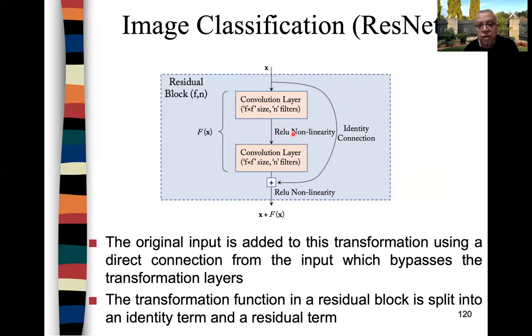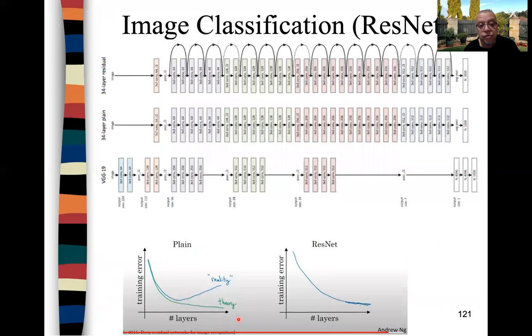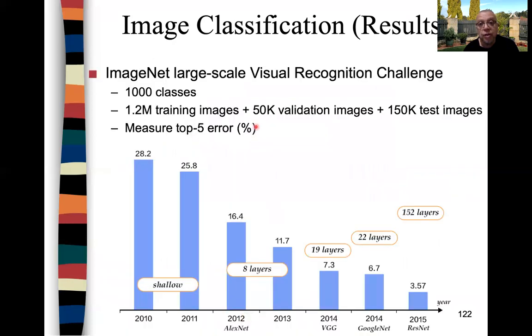If we assume that it is 0, then this would not have any effect, it's just like you're going to have x here. But it has been shown that when the output of the ReLU is positive, this reduces the training error, and it also helps a lot the performance during testing.